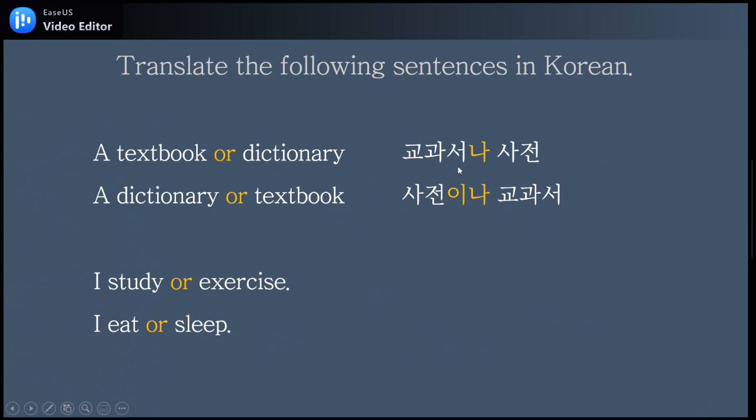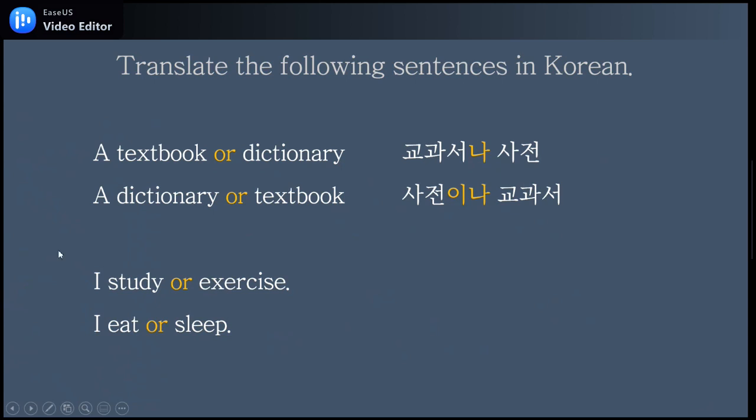Exactly. 받침 없어요. There's no final consonant. We use 나. 받침 있어요. When the word ends with a consonant, we use 이나. Okay, we have to distinguish 나 or 이나. Okay, when you list two nouns, we have to say 나 or 이나.